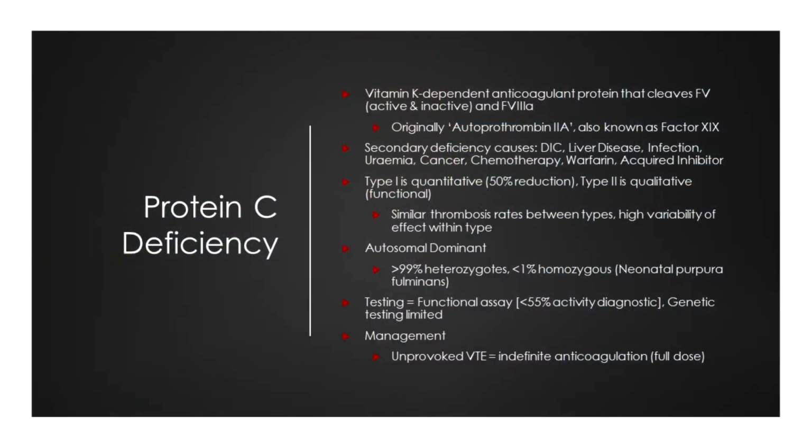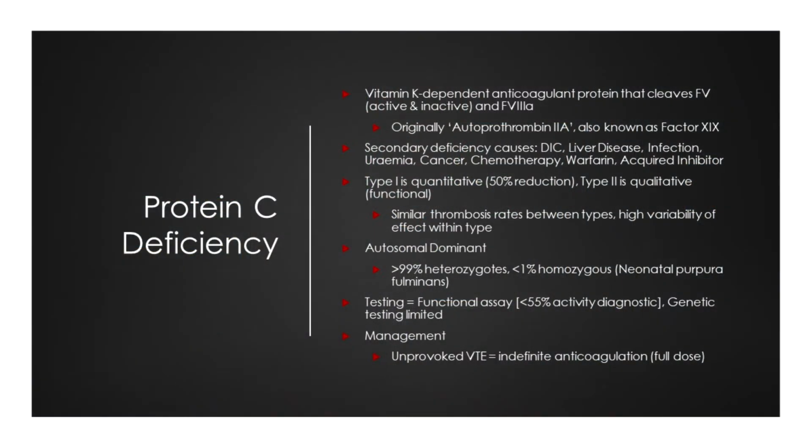We test protein C via functional assay because we need to know that the protein C itself is working, even if it's present. And we generally say that if there's less than 55% activity, either because it's functionally or quantitatively deficient, that is diagnostic for protein C deficiency. And we can still order genetic testing.